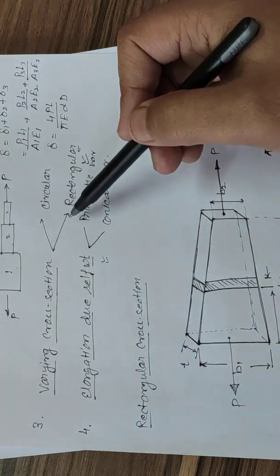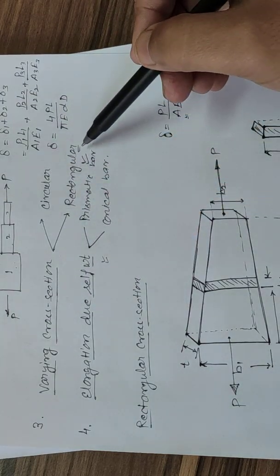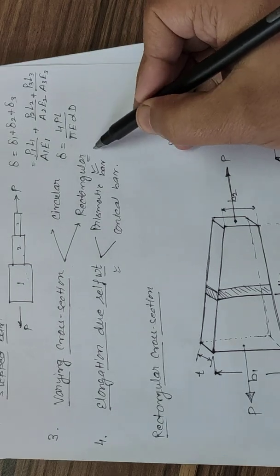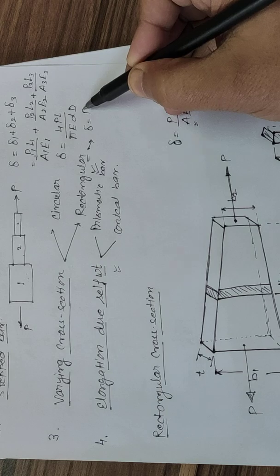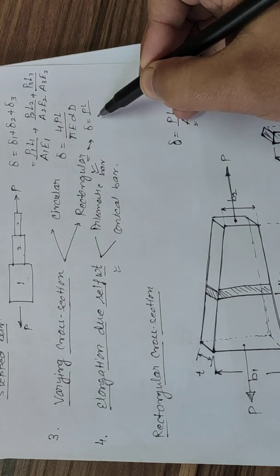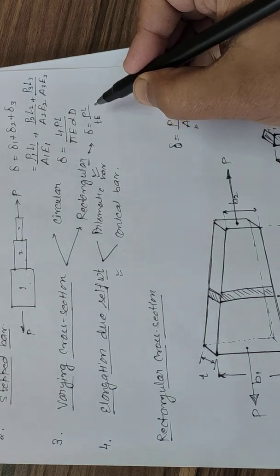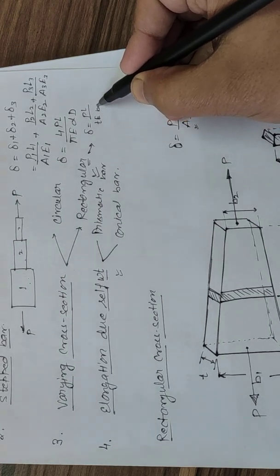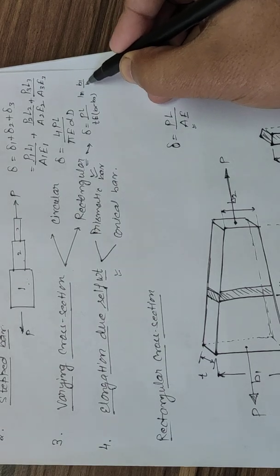Now the varying cross section. We can have circular, we can have rectangular, and for the rectangular the formula is del equal to PL divided by tE(b1 minus b2) ln b1 by b2.